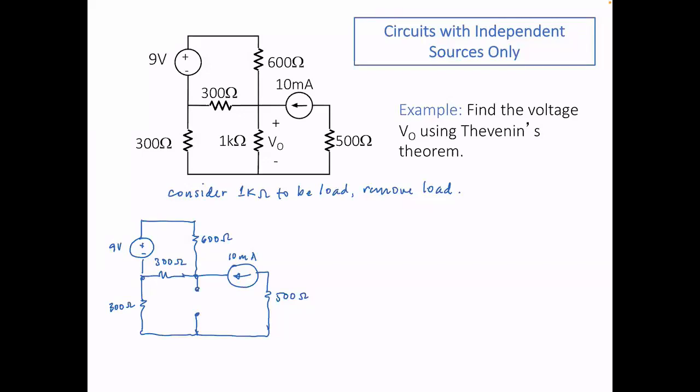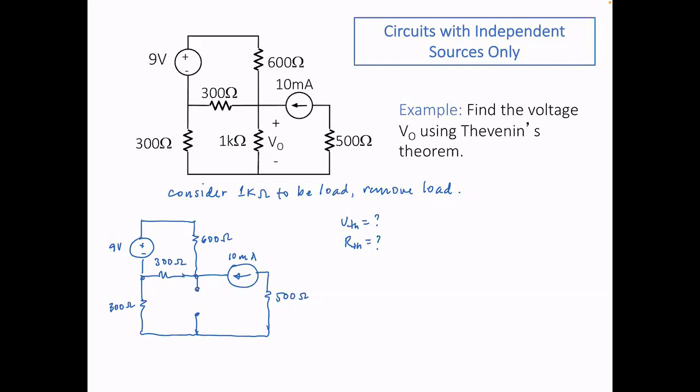Okay, there are two things we need. We need to determine the Thevenin voltage, and we also need to determine the Thevenin resistance. Let's start with the Thevenin resistance. With respect to the load terminals, what is the equivalent resistance of the circuit with all independent sources suppressed, or reduced to zero?